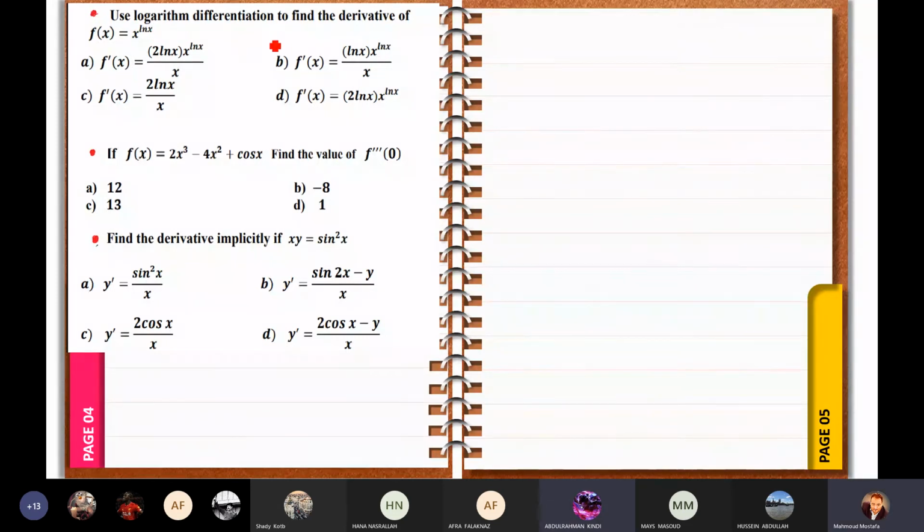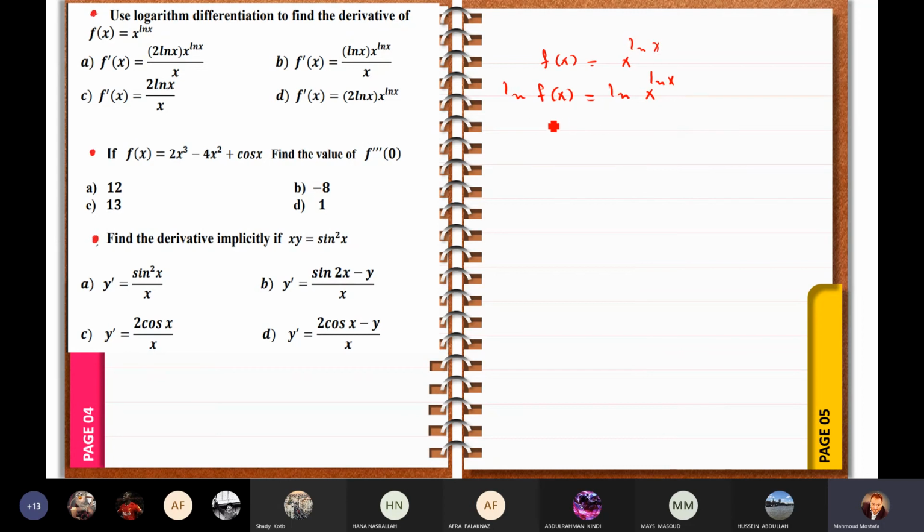Use logarithmic differentiation to find the derivative of f of x equal to x power ln x. Take the ln of both sides. So ln f of x is equal to ln of x power ln x.